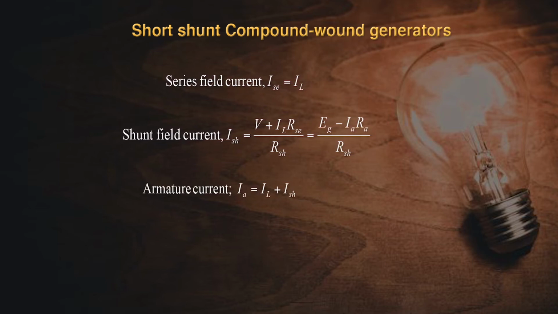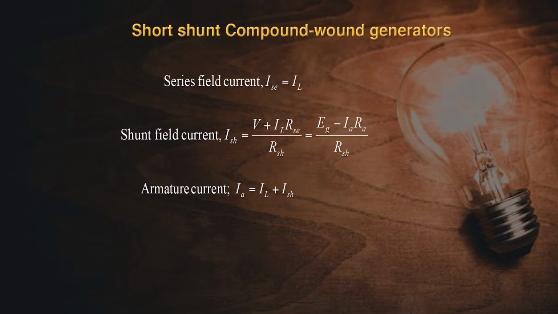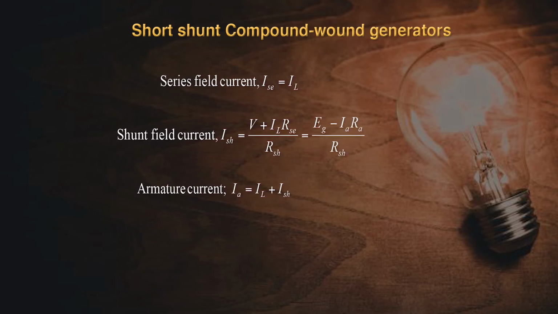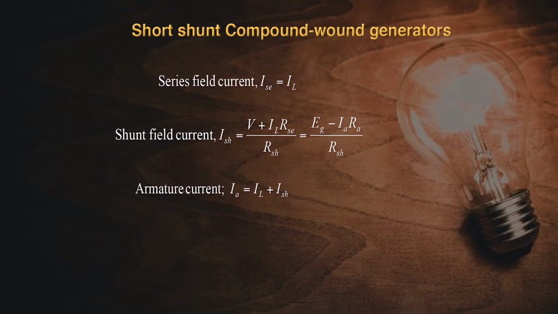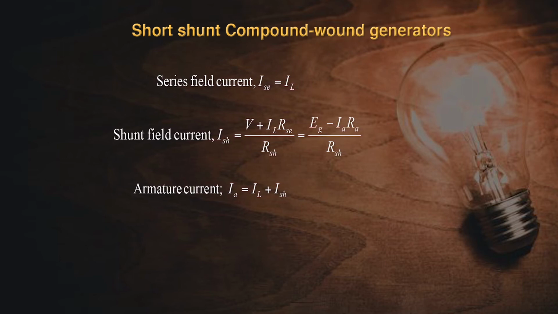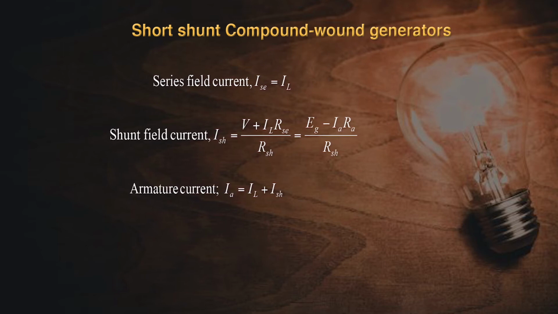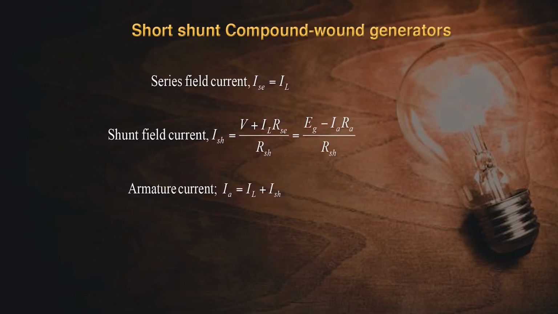So what is the value of this armature current? The value of this armature current can be written as IA is equal to IL plus ISH, because the armature current is the summation of two currents, that is the shunt field current and the series field current.